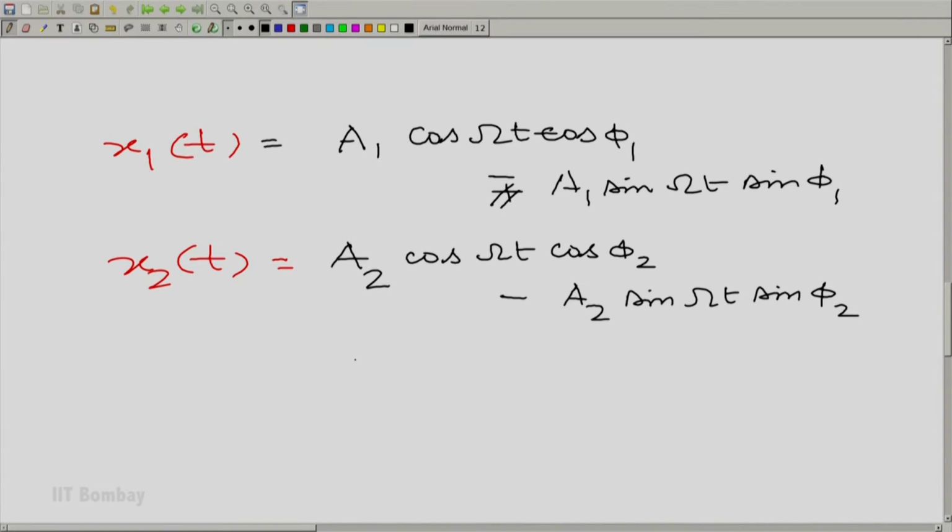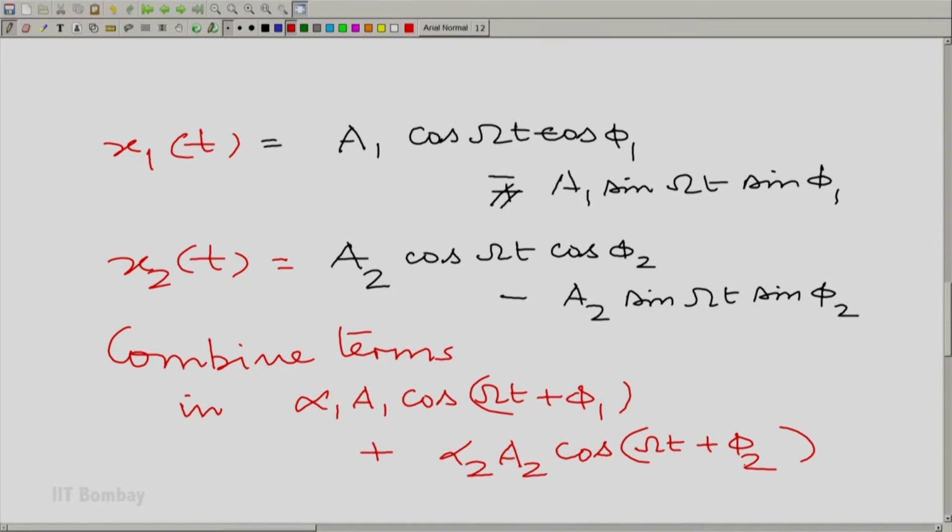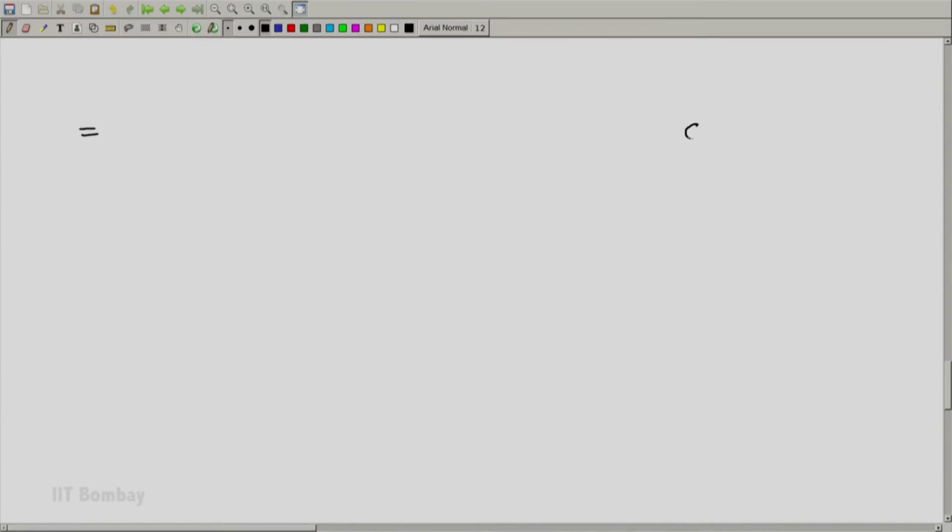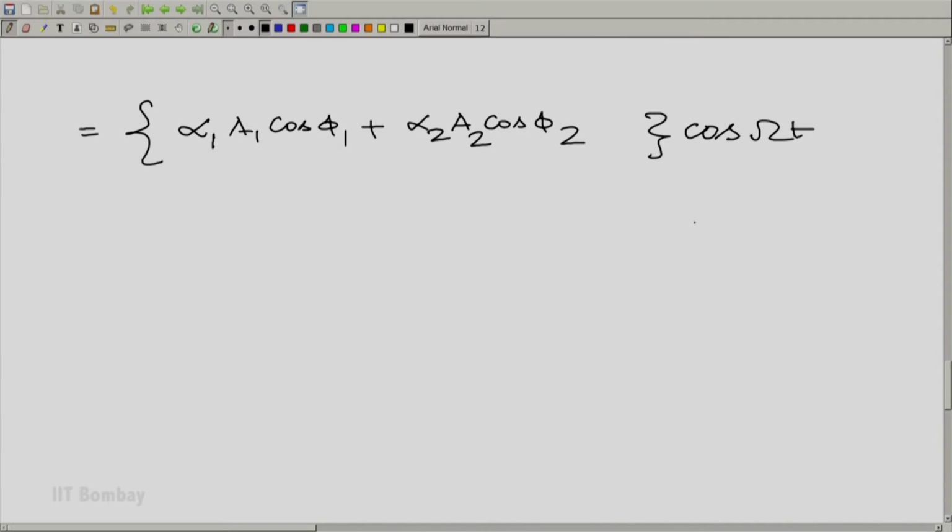Now, let us combine terms. How do we combine terms? Essentially, we take the terms with cos Ω t and the terms with sin Ω t and separate them and aggregate with cos Ω t a few terms and with sin Ω t a few terms. Let us do that. So, that becomes, now I will take the terms with cos Ω t first and then the terms with sin Ω t.